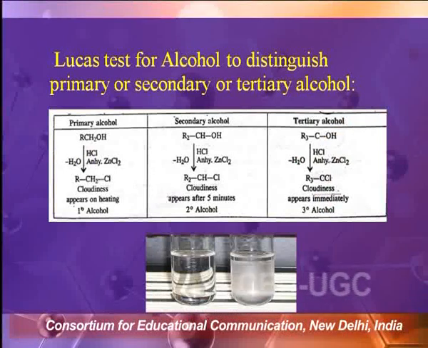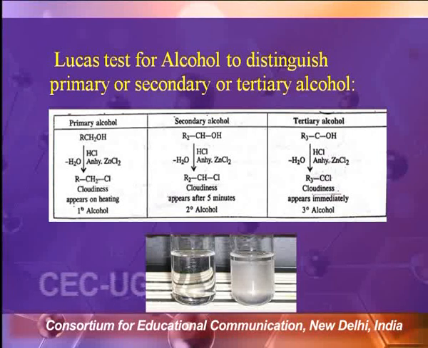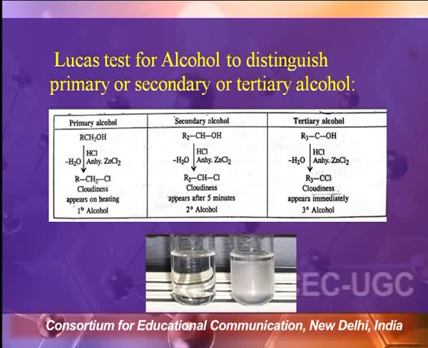And here you can see how the reactions proceed. Primary alcohol means RCH2OH, where you replace hydrogens with the alkyl group R. Secondary is R2CHOH, 2 hydrogens replaced by 2 alkyl groups. Tertiary alcohol is R3COH, 3 hydrogens replaced by 3 alkyl groups. How does the reaction proceed?